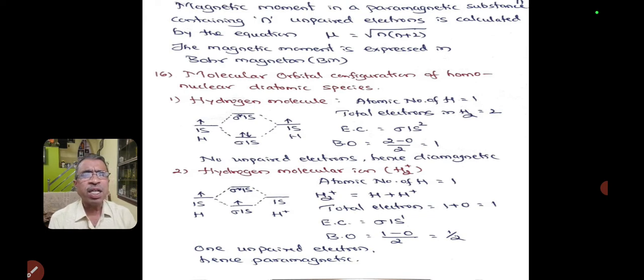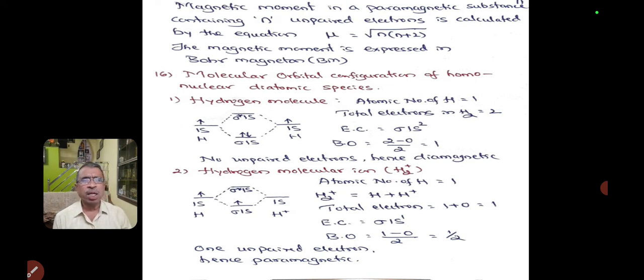Let us consider the hydrogen molecular ion, which is formed by the combination of a hydrogen atom and a hydrogen ion. In this case, the total electrons will be 1 plus 0, equal to 1, and the molecular electronic configuration will be sigma 1s1.